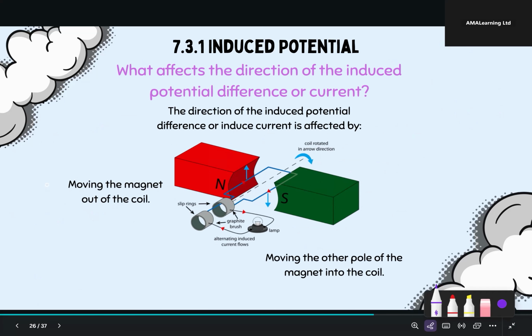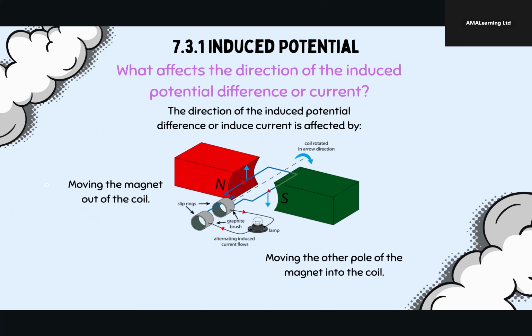Okay, so now what we're looking at is what affects the direction of the induced potential difference or current. The direction of the induced potential difference depends on two things. The direction of movement. So if you move the wire or magnet in the opposite direction, the induced current also reverses. So this is something we've actually already covered.